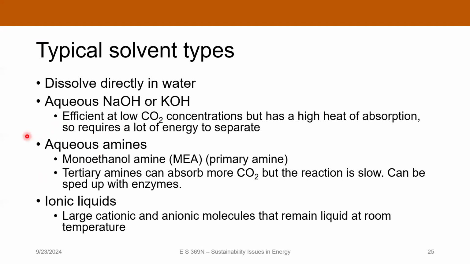And this is a fairly mature technology at this point. Monoethanol amine is typically used for this. There are other things you can do with enzymes and that sort of thing, but these aqueous amine solvents are typically what you would use on a power plant.